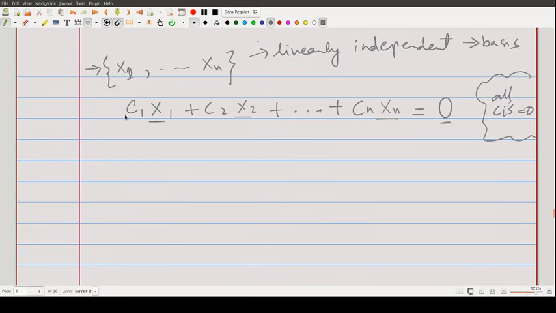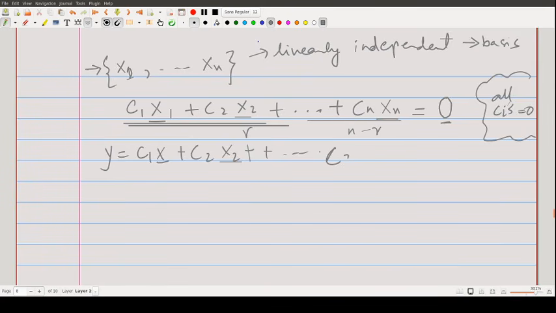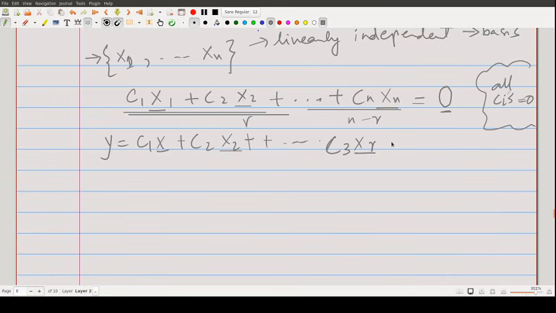If I take the first r of these, c1 x1 plus c2 x2 plus dot dot dot cr xr, call it y, and the next n minus r, z equals cr plus 1 xr plus 1 plus dot dot dot cn xn.